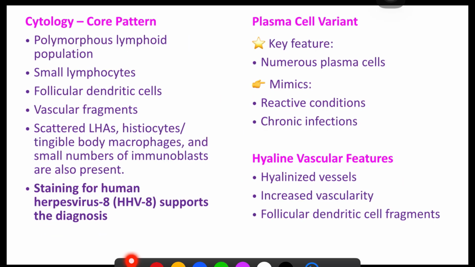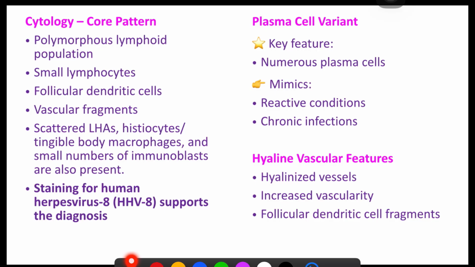Cytologically, the core pattern is a polymorphous lymphoid cell population along with small lymphocytes, follicular dendritic cells, and vascular fragments. Scattered lymphohistiocytic aggregates, tingible body macrophages, and a small number of immunoblasts are also present, and staining for HHV-8, or herpes virus 8, supports the diagnosis.